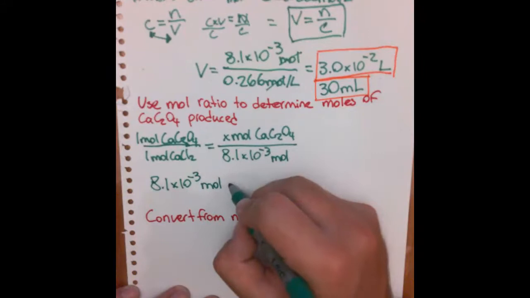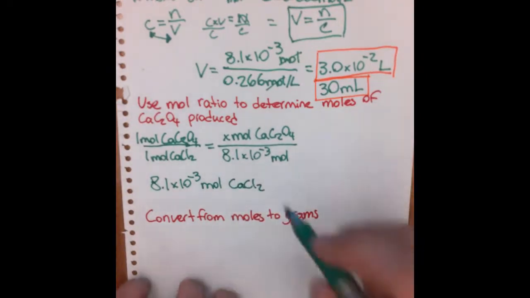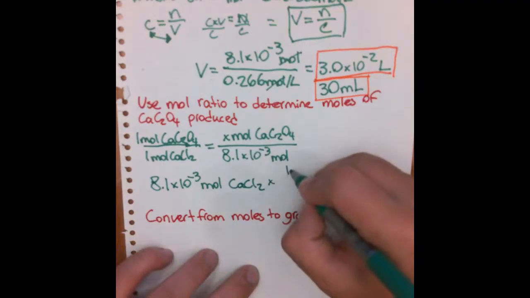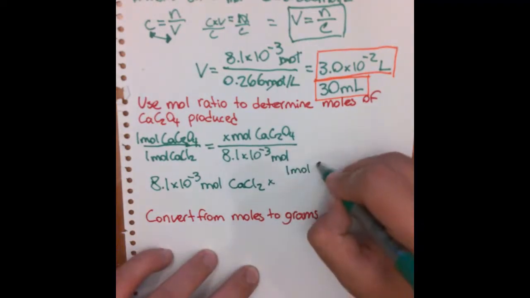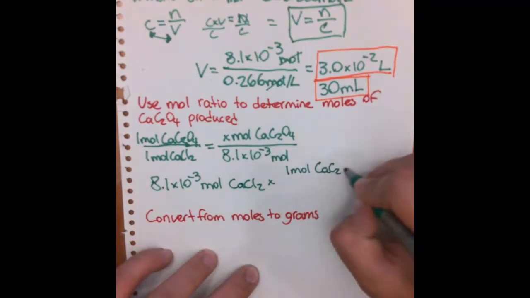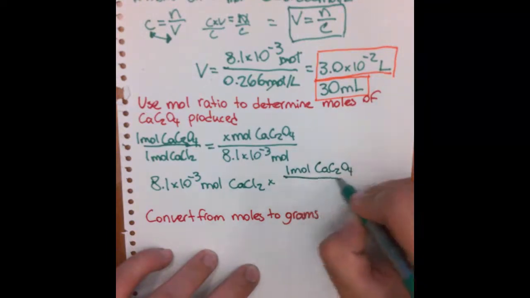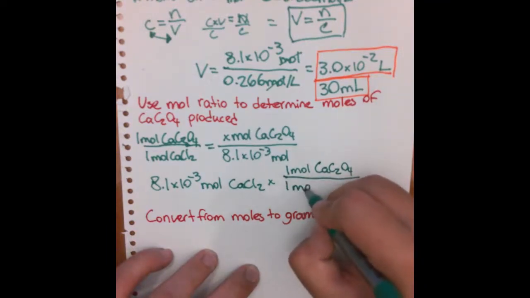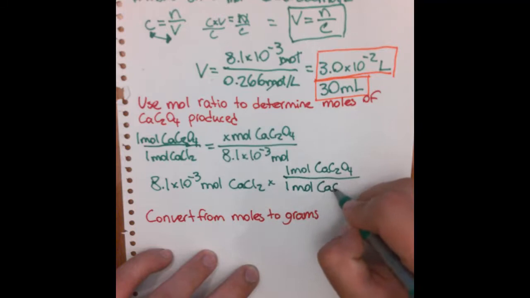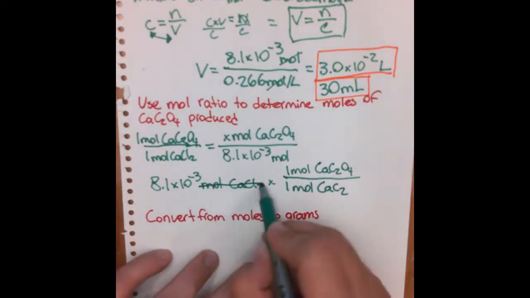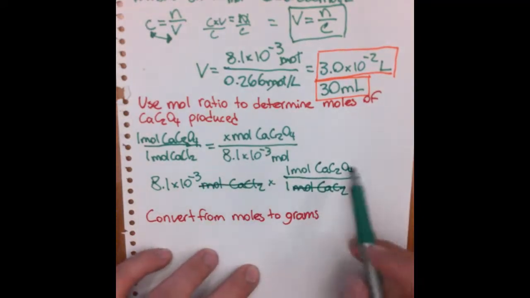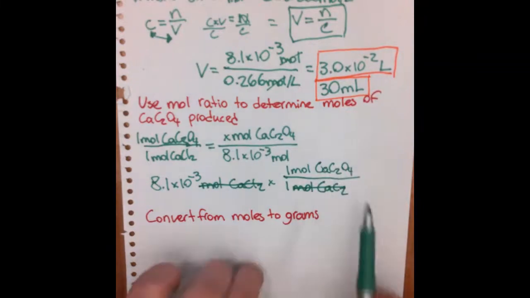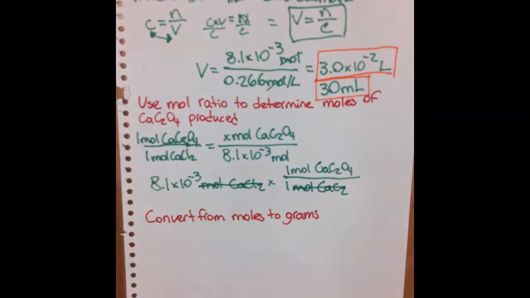Multiplied by 1 mole CaC2O4 over 1 mole of CaCl2. Our moles of CaCl2 are going to cancel, and we are just going to be left with moles of CaC2O4.